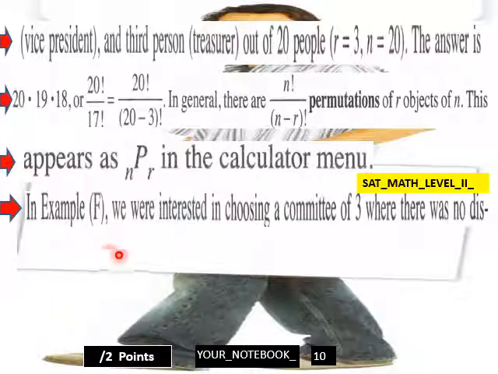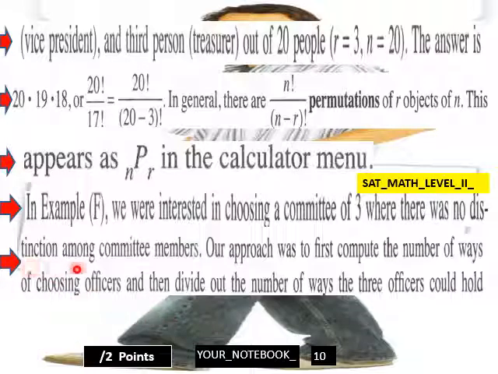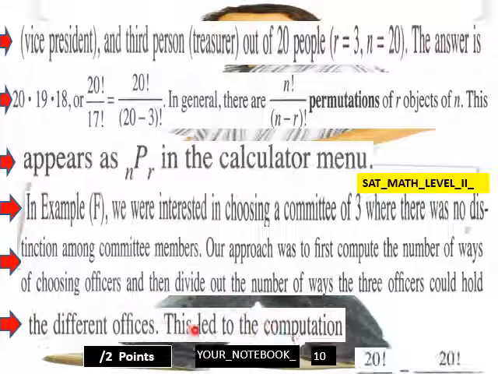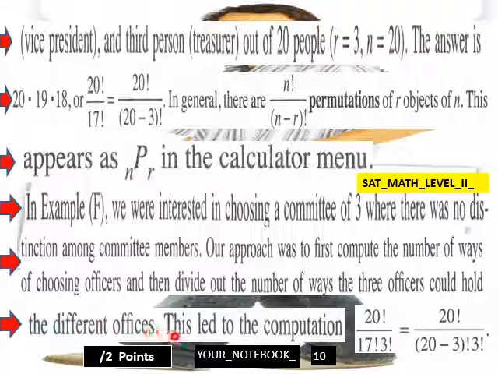In example F, we were interested in choosing a committee of 3 where there was no distinction among committee members. Our approach was to first compute the number of ways of choosing officers and then divide out the number of ways the 3 officers could hold the different offices. This led to this computation here, 20 factorial over 17 factorial times 3 factorial.